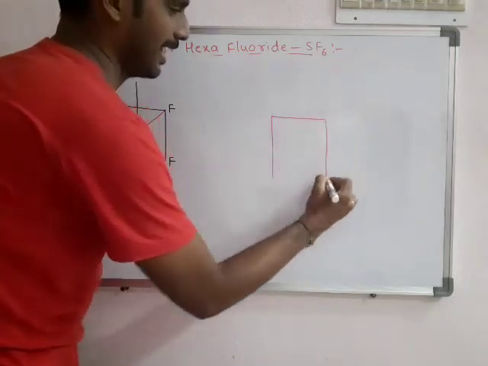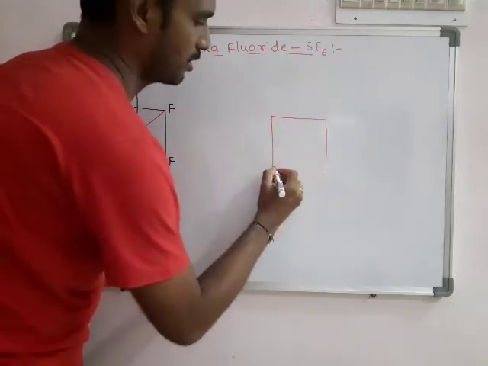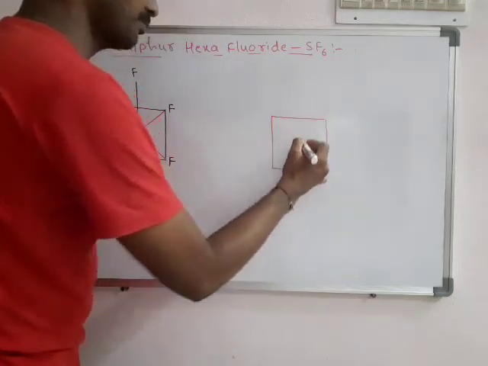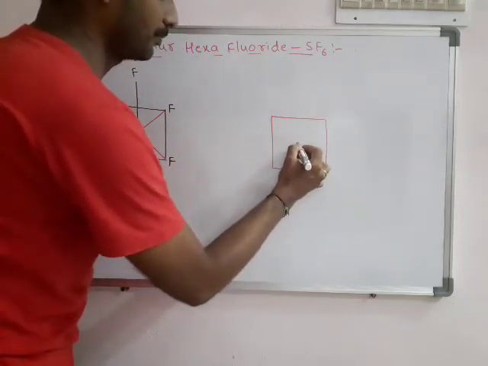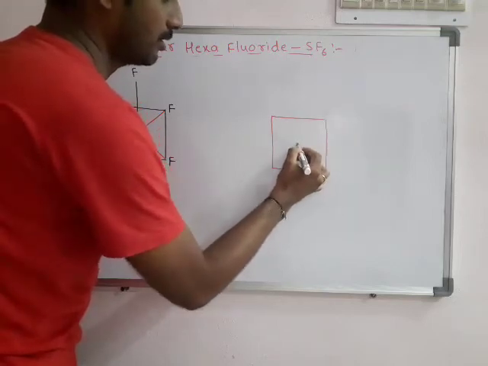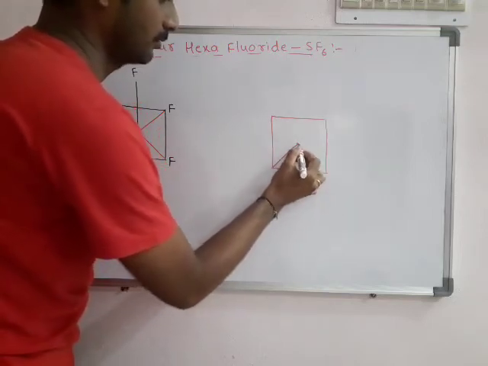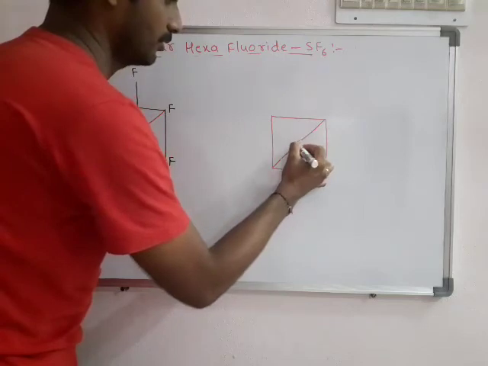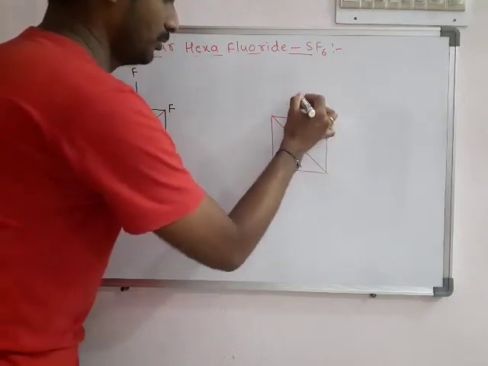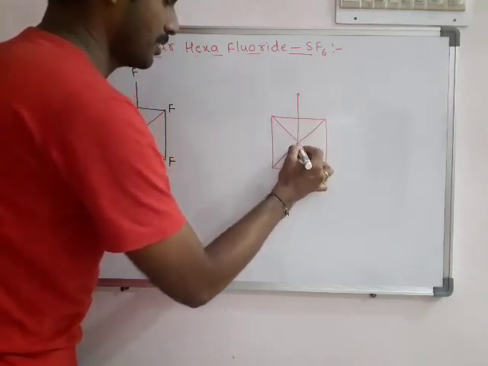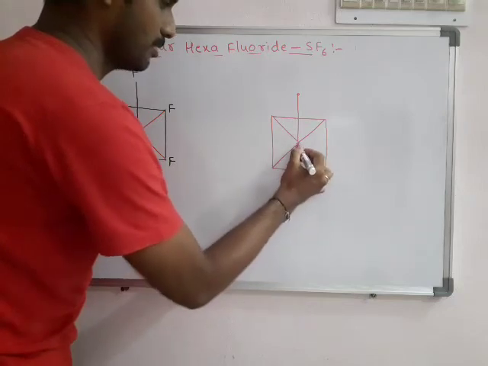Just understand carefully, because I am trying to explain to you. So this is the center one. It has 4 in the plane, and here also one is present, here also one is present.